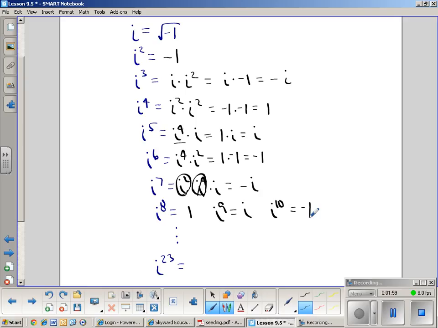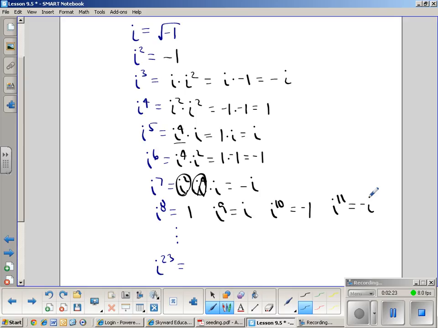What's i to the 11th? What's i to the 12th? 1. So every fourth one is going to be 1, right? And every third one's going to be negative i, and every second one's going to be negative 1, and the first one's always going to be just i, right?